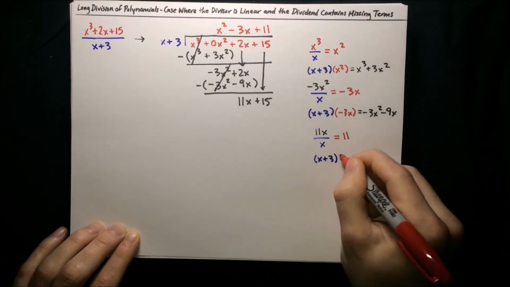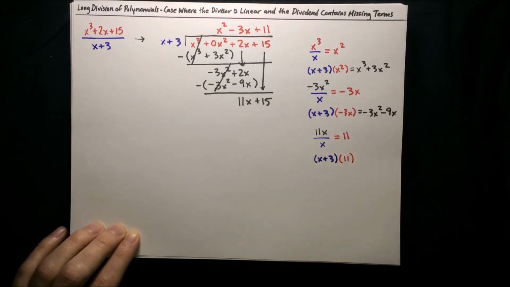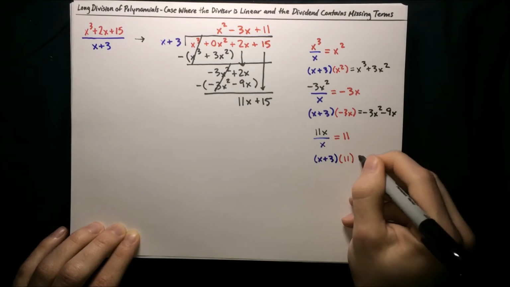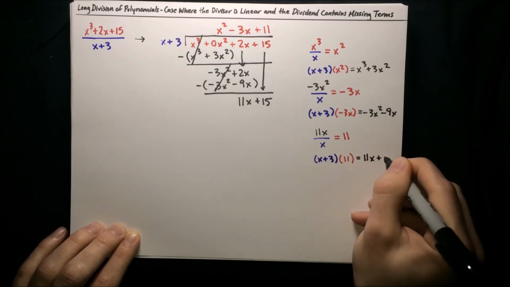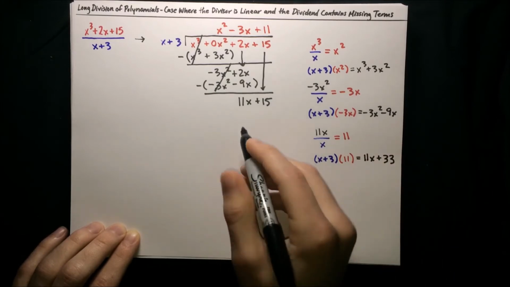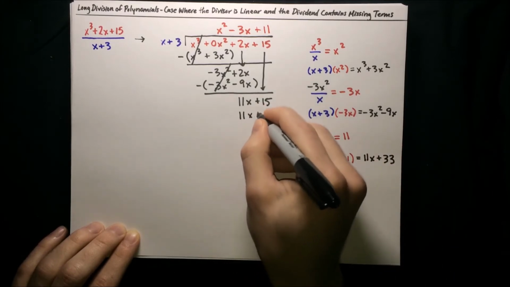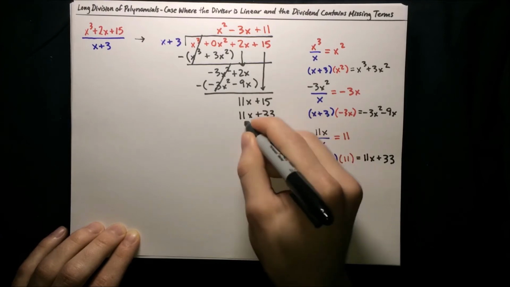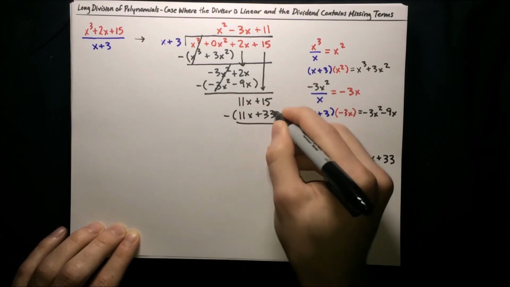So x plus 3 times 11 gives us 11x plus 33. Okay, so now we put that under here, 11x plus 33, and we subtract.